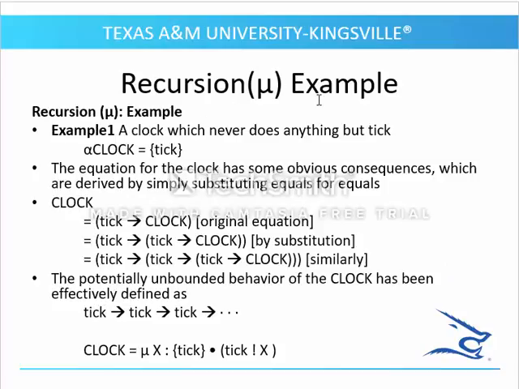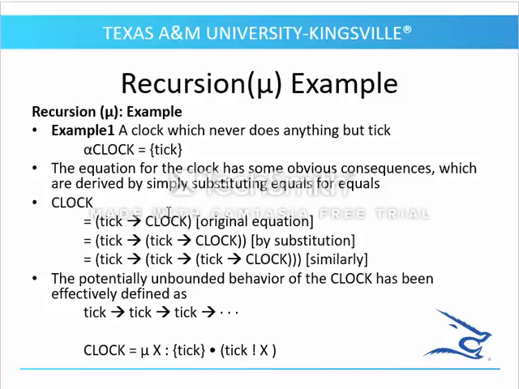An example of recursion is a clock which does nothing but tick. Here the equation for the clock has some obvious consequences which are derived by simply substituting equals for equals. Here the clock equals tick then clock.